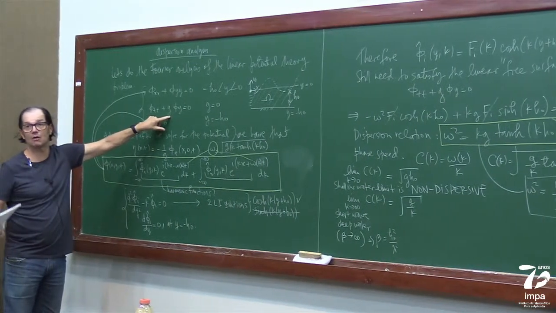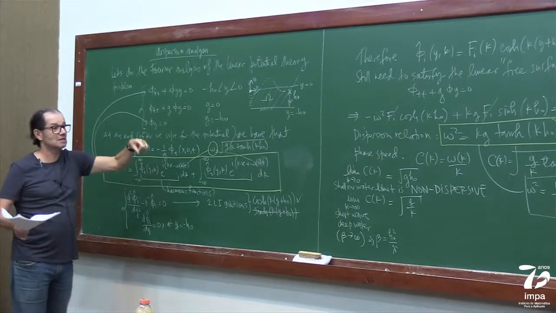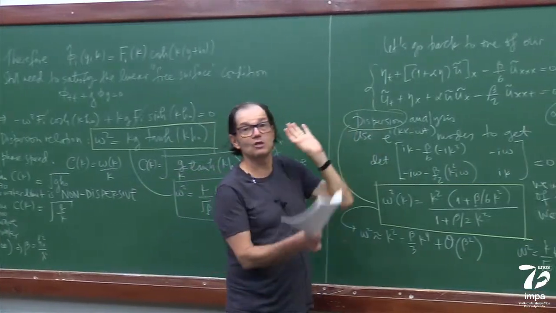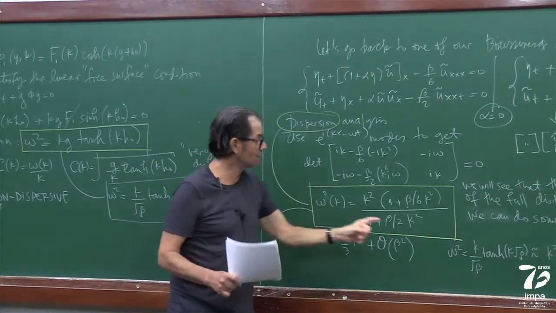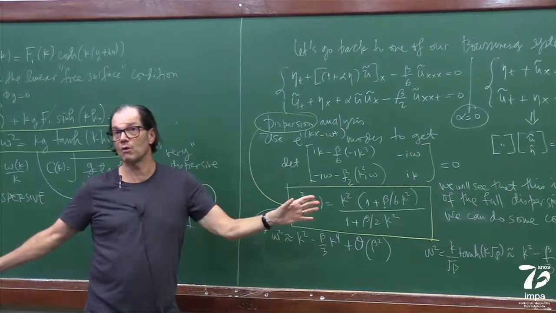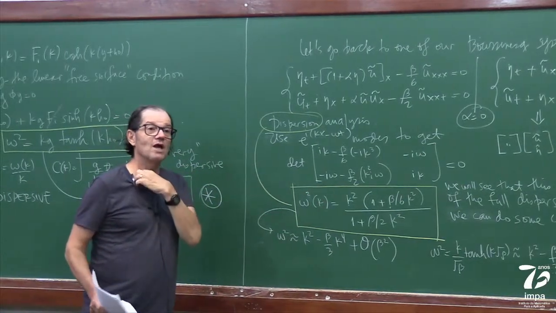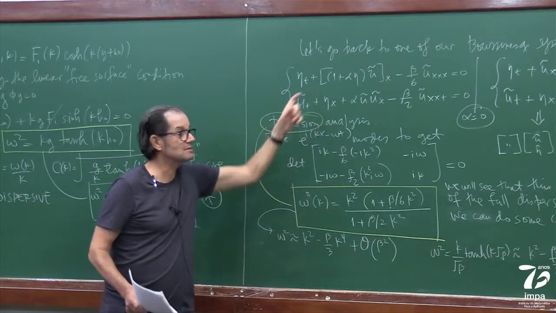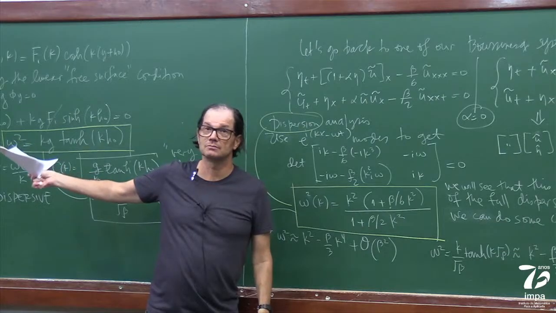Okay? What I've done is exactly to show that to leading order, which means for small beta, for shallow waters or long waves, the wave speed will be similar for this system or for the full system.